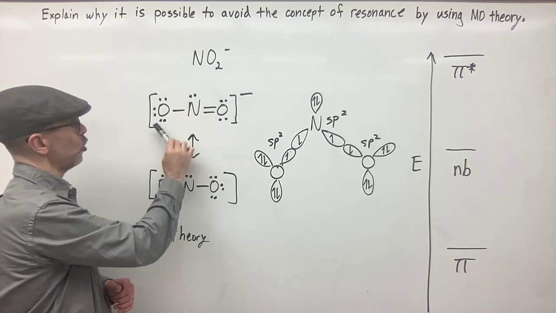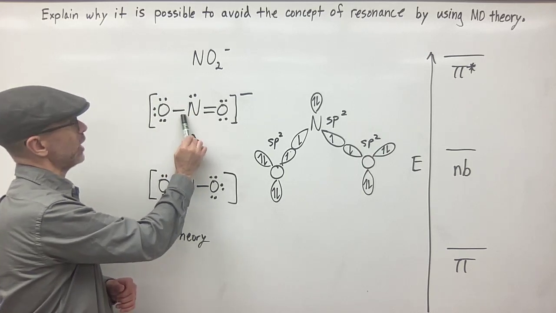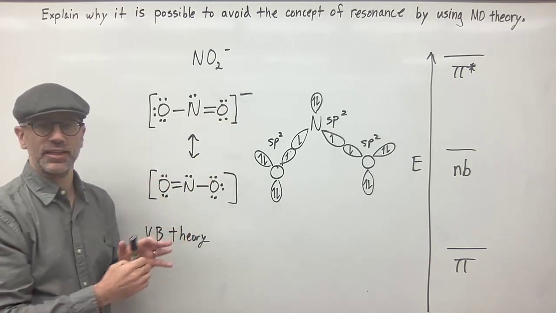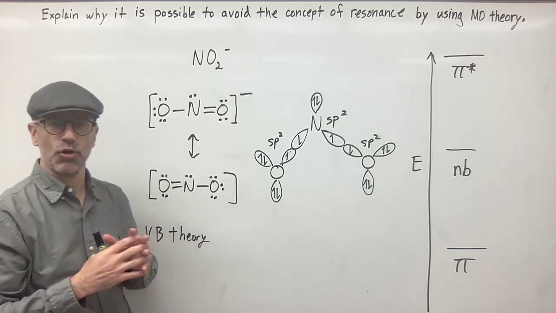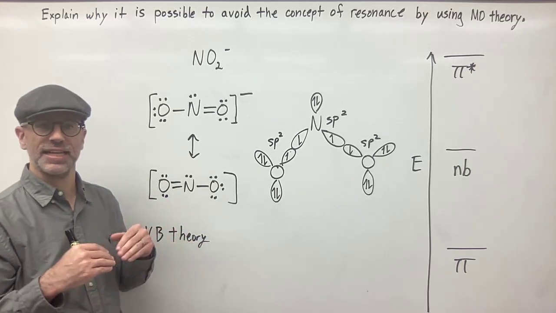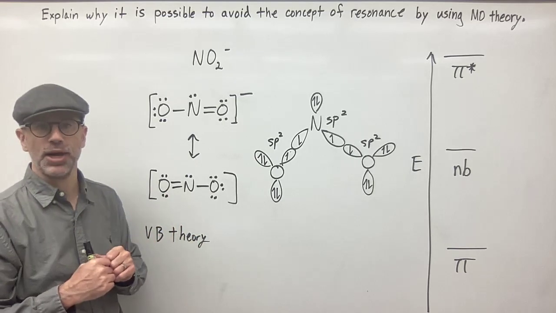So one of these lone pairs can then form a double bond here. That would then give the nitrogen 5 bonds or an expanded octet, which is not possible for nitrogen because it's in period 2 on the periodic table.